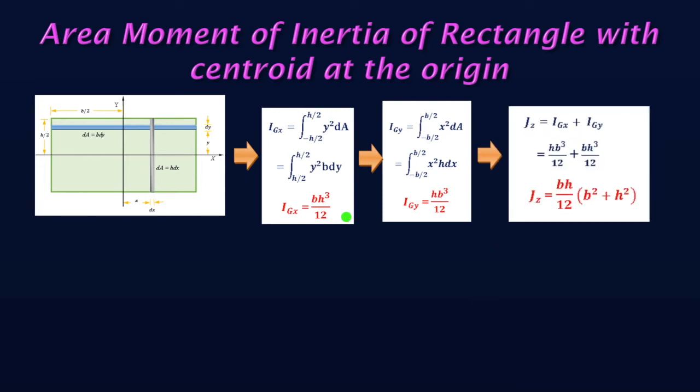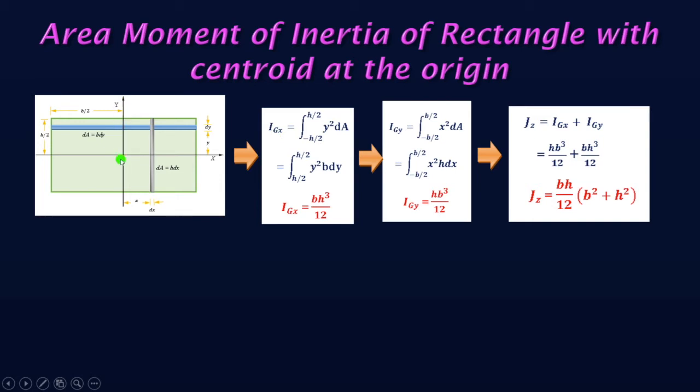Then using the perpendicular axis theorem, we can find out the polar moment of inertia also, meaning about the z-axis. So what is the z-axis? The z-axis is perpendicular to the plane of the area, and from the perpendicular axis theorem we know that Iz equals Ix plus Iy. Here it is IGX plus IGY. Everywhere we have mentioned G. Why?